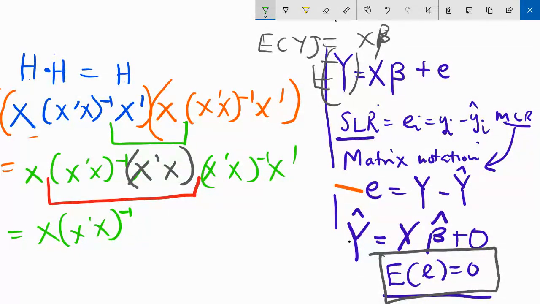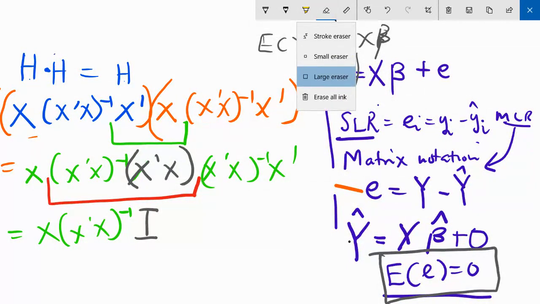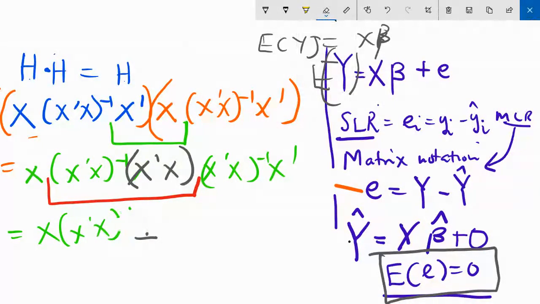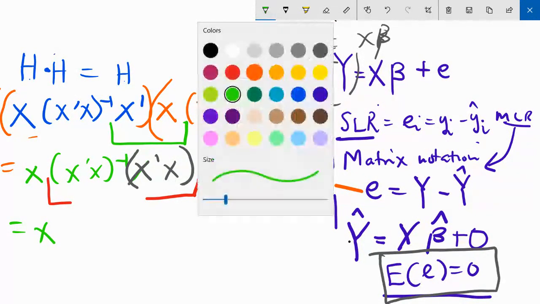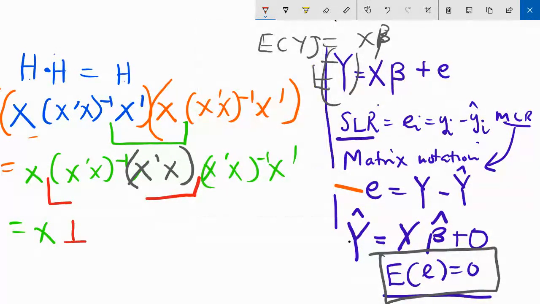Leadership is saying the black part is equal to I, and we're left with what? Sorry, not only the black part. The part that I highlighted, we're saying this is equal to X, and you're saying it's equal to I.